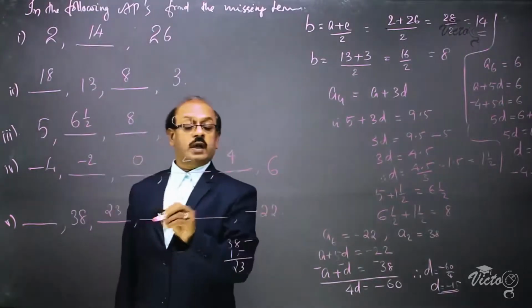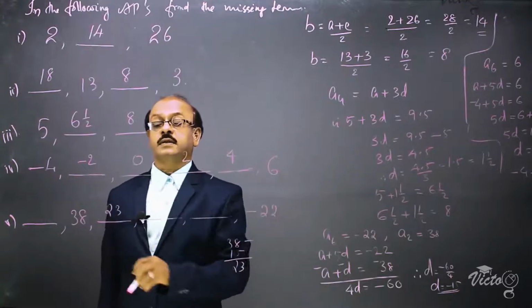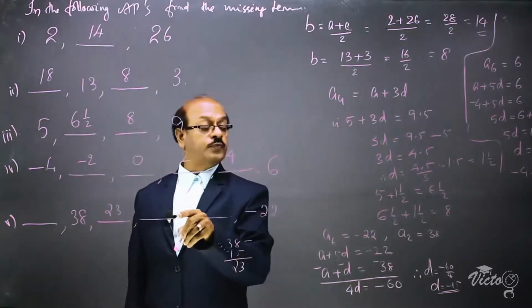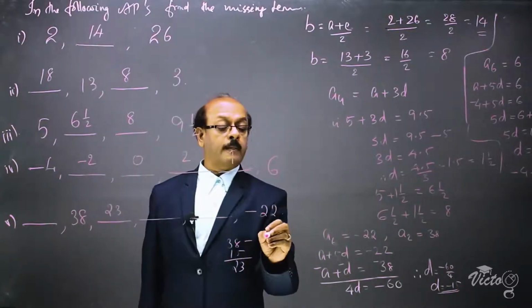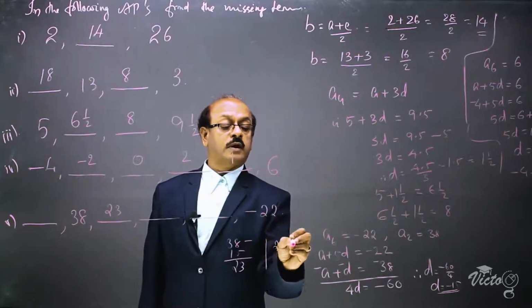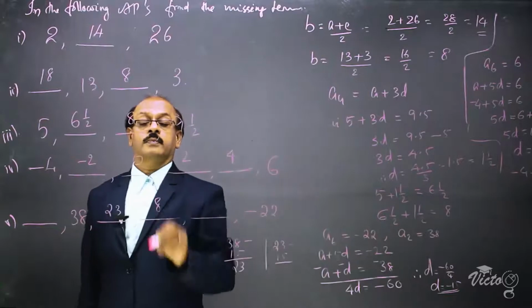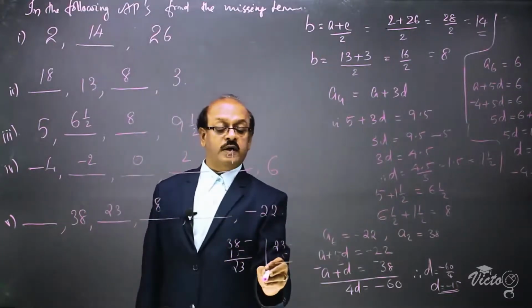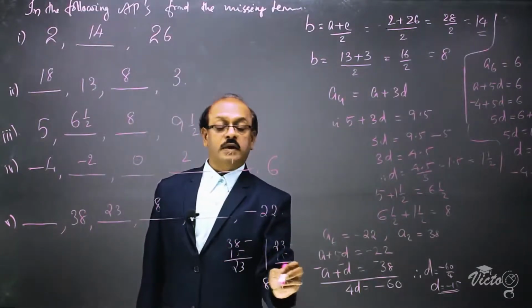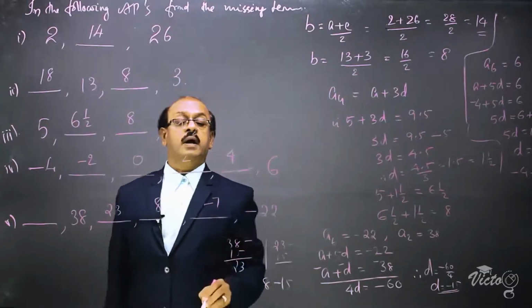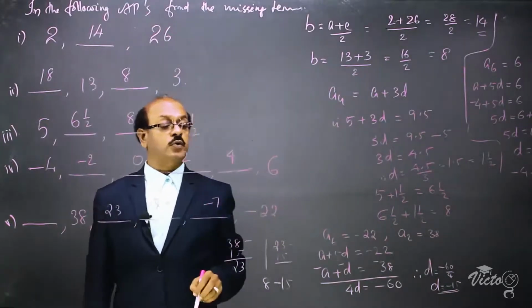For finding the next term, we subtract 15 from 23, which is 8. Again, 8 minus 15 is minus 7. Now, minus 7 minus 15 is equal to minus 22.